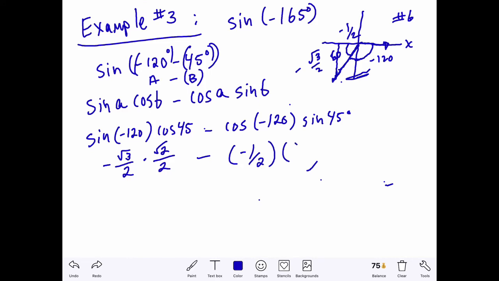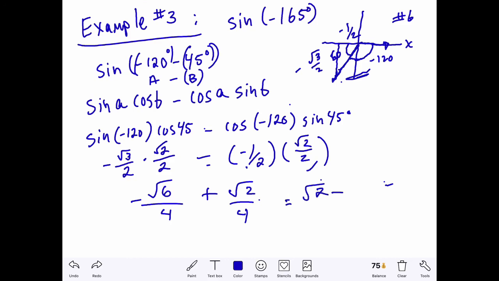And sine of 45, root 2 over 2. Okay, let's multiply. Negative root 6 over 4 plus, because 2 negatives multiply there, root 2 over 4. Okay, so then we can write them together, and usually we want to put the positive component first. So that'd be root 2 minus root 6 over the shared common denominator of 4. Root 2 minus root 6 over 4.